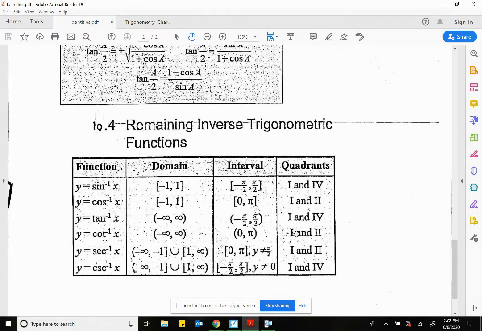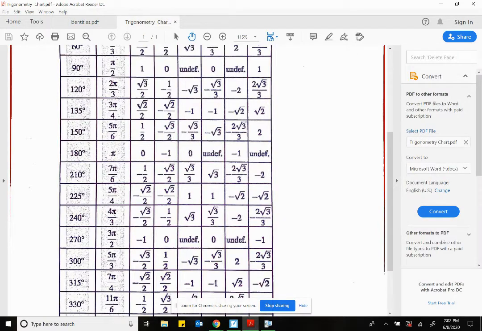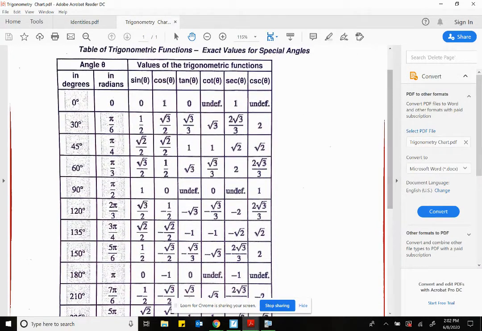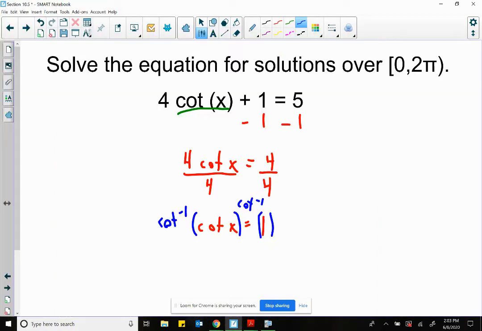So we now know our answers either in 1 or 2. So let's look in quadrant 1 and quadrant 2. So that's everything from 0 to 180. We need where cotangent is a 1. So right there, it's in quadrant 1. That's our answer. Quadrant 1, which is pi over 4. So x is equal to pi over 4.